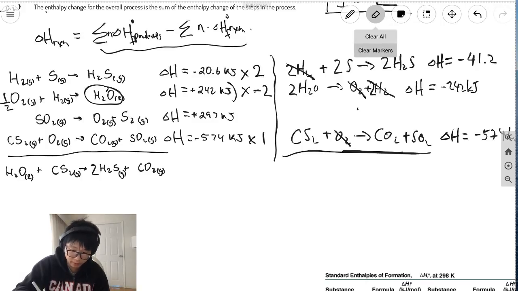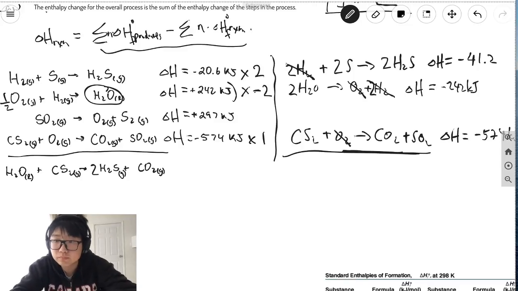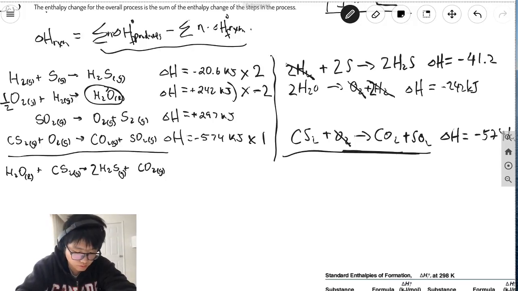Okay, so how should we balance it? 1, 3, 1, 2 for which equation?